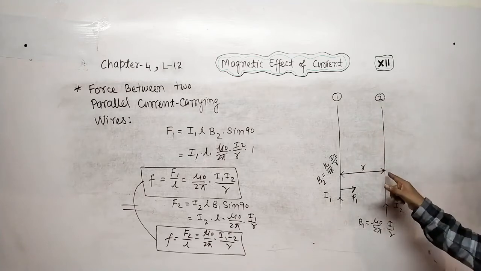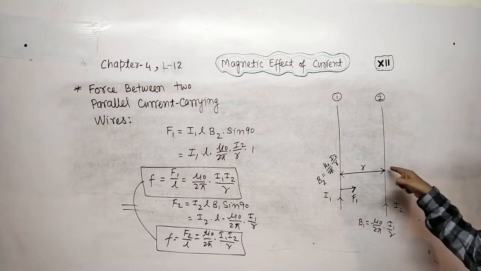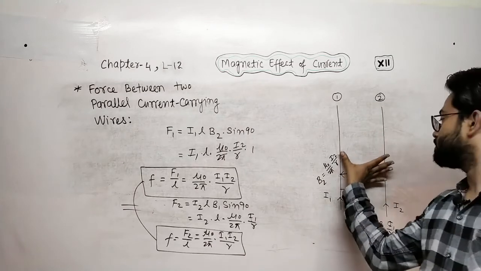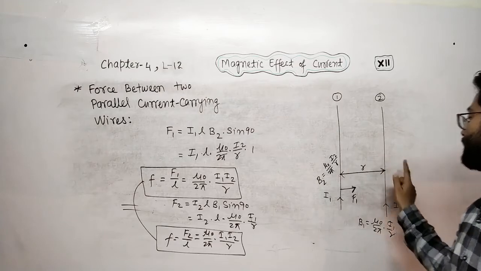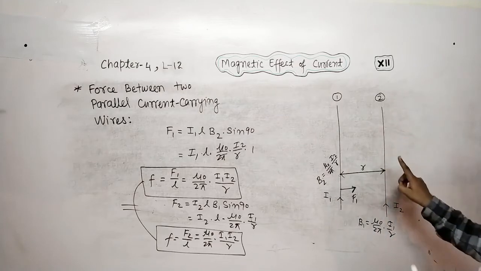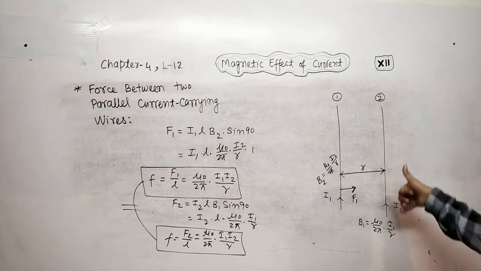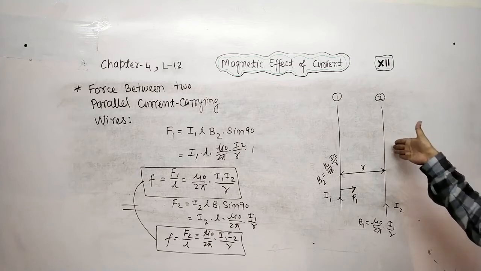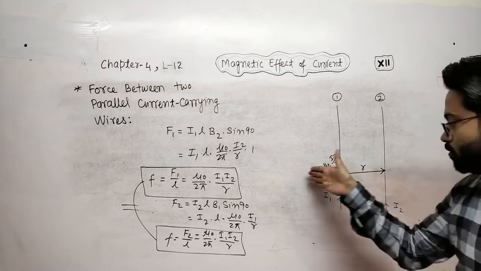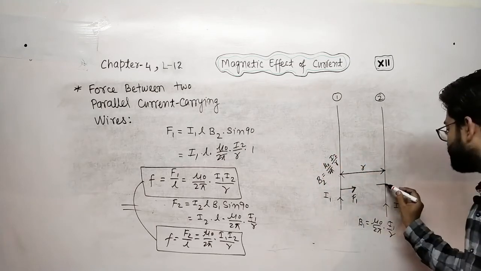What about F2? The magnetic field is into the plane due to this wire, and dL is this, meaning the current is moving upward, so the force will be in this direction.